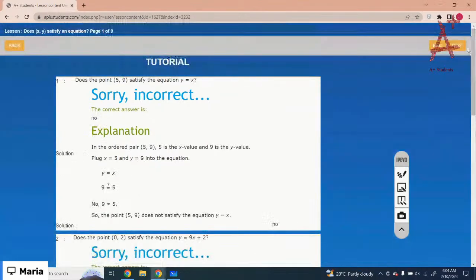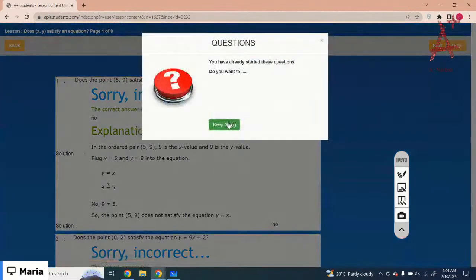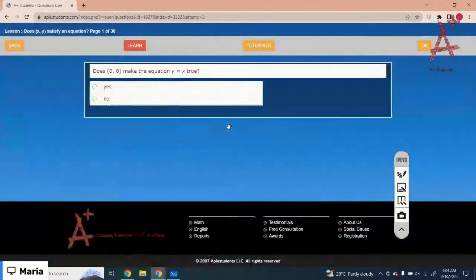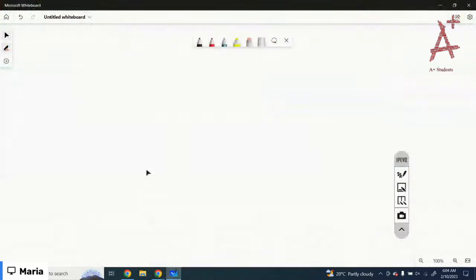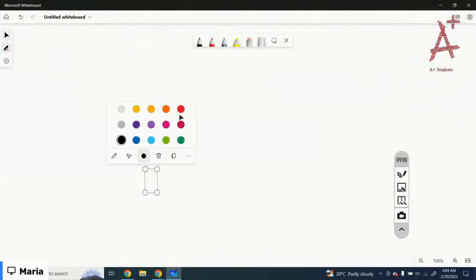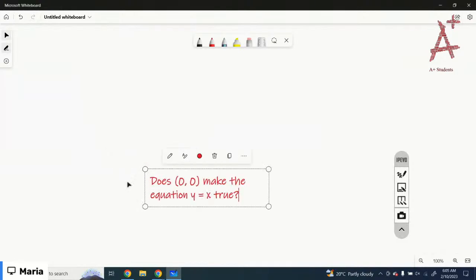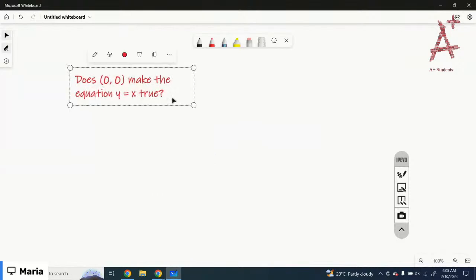Let's start with the test questions. Does the point (0, 0) make the equation true? The equation is y equals x. Got it?